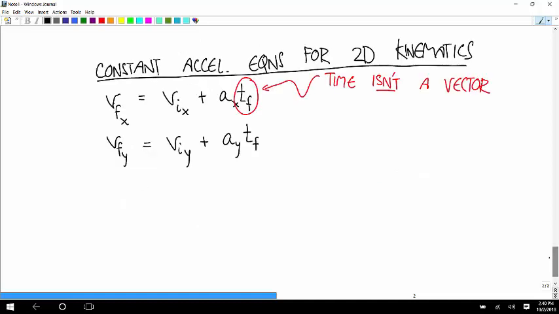And then the second equation in 1D said PF is equal to PI plus VI times time final plus 1/2 A times time final squared. And that's true for the x components, and it's also true for the y components.